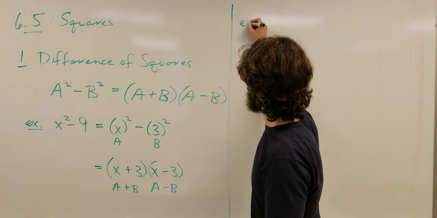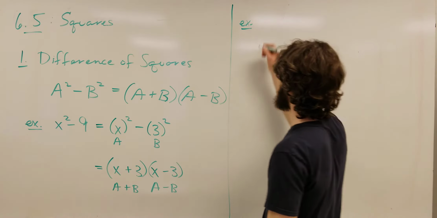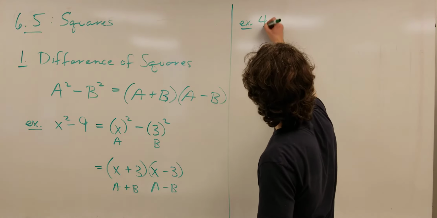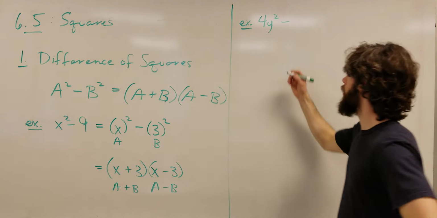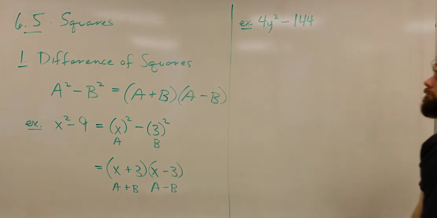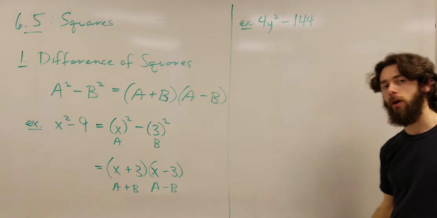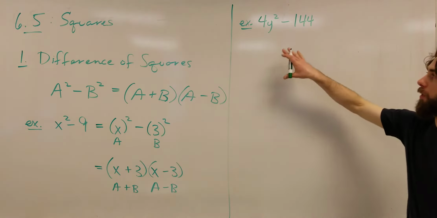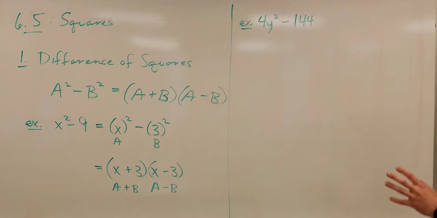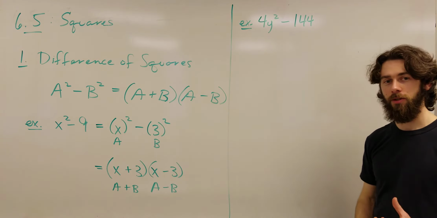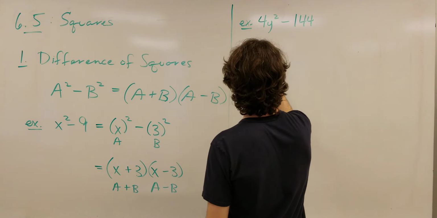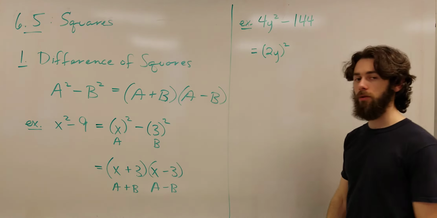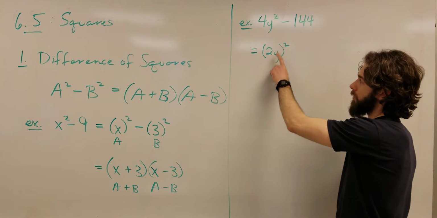Just to see another example, go ahead and maybe pause the video after I write this and then try to work it on your own, and we'll go through it. So let's try something like 4y squared minus 144. Okay, so go ahead and pause, try to work that out. Right. So now we have a little bit more complication in our terms. We need to think about what would be the square root of each of these terms. That's going to be our a and our b. So maybe I could write this as 2y quantity squared, because 2 squared is 4, and then y squared is y squared.